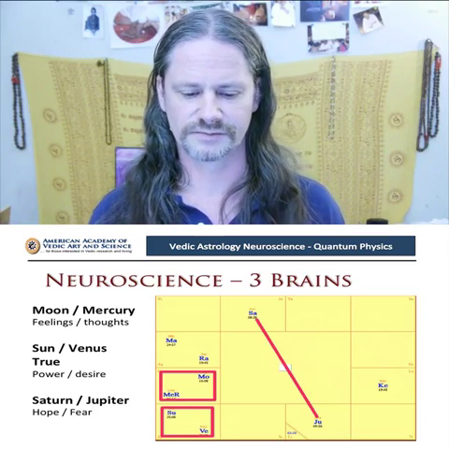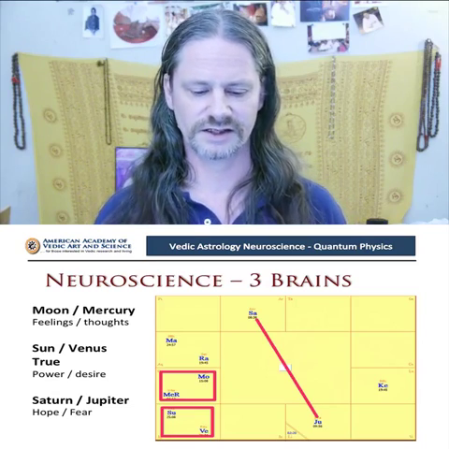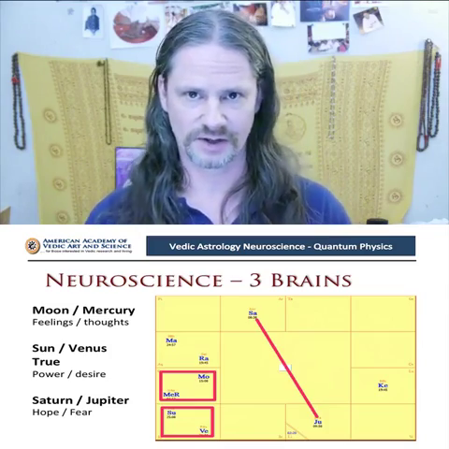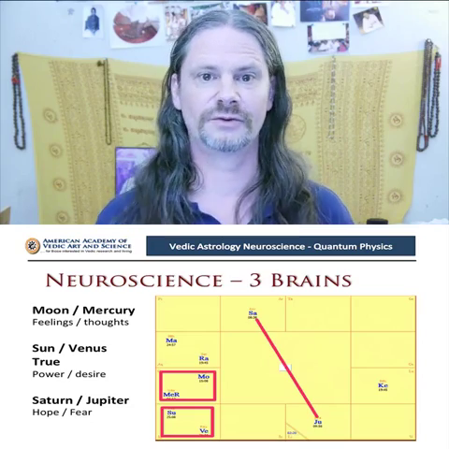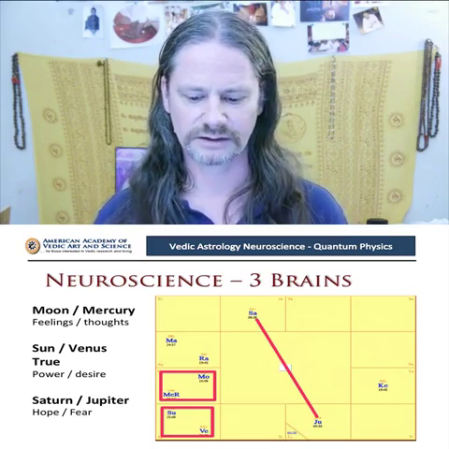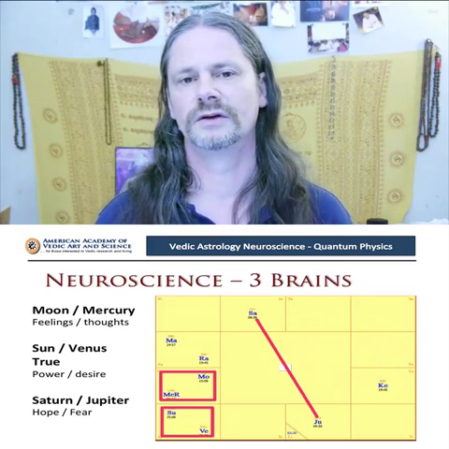So Sun and Venus. The Sun is the true power, and Venus is desire. So this is very common. People are like, well, a lot of people have that. That's right. And a lot of people sacrifice their true power for a piece of candy and for desires in the moment, right? And this person has it very close, so the conjunction is actually very close.